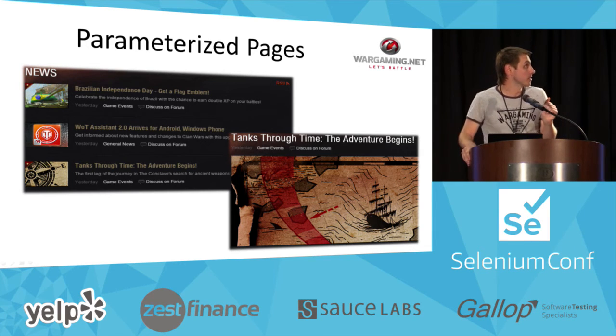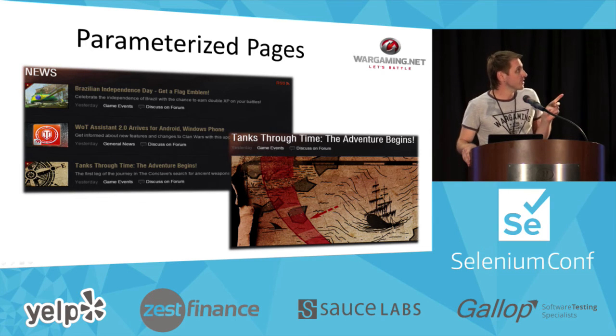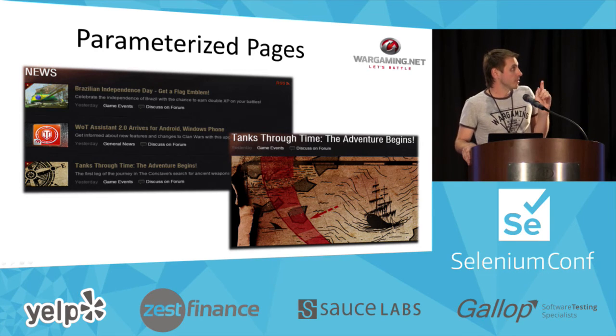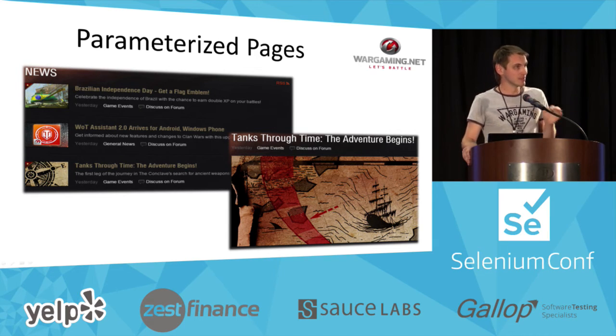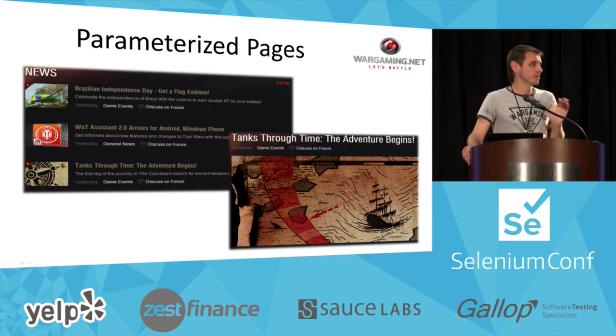There's a list of news links on the home page. Once you click on one of the links, a new page is open, and the news title depends on the link we clicked before. And let's assume we don't have any information regarding the titles. We don't know them in advance.